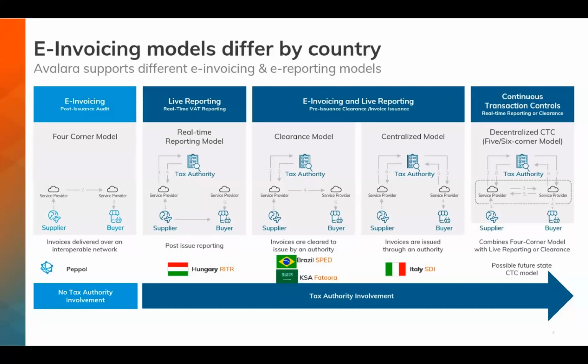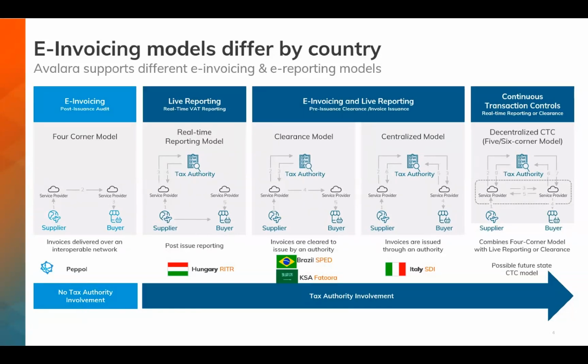It utilizes a network of private service providers where the regulator focuses on establishing a unified document format and exchange method. Here, the tax authority is not involved. Businesses become more efficient in invoicing, and for regulators, audit and analysis become easier.